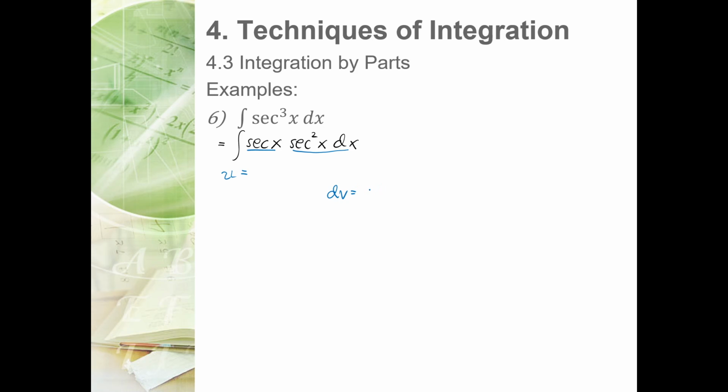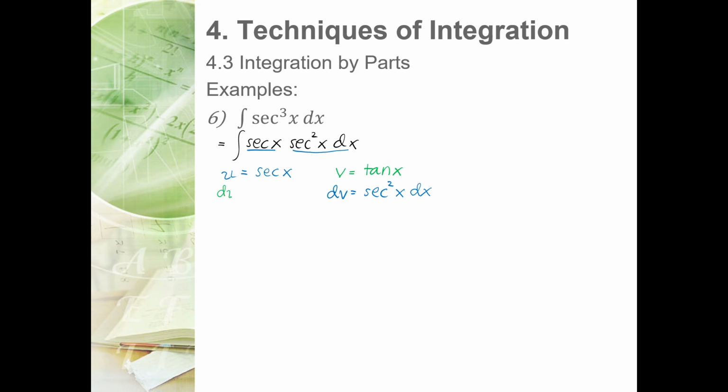But for secant squared x, we can integrate this one because the integral of secant squared is tangent x. So automatically u is secant x. Getting the integral of secant squared x, that will be tangent x.